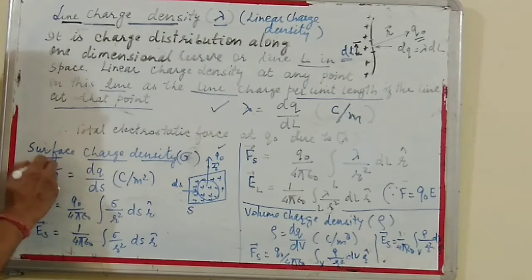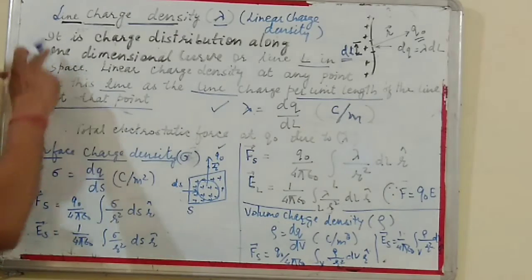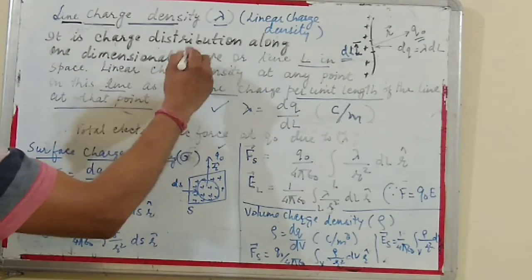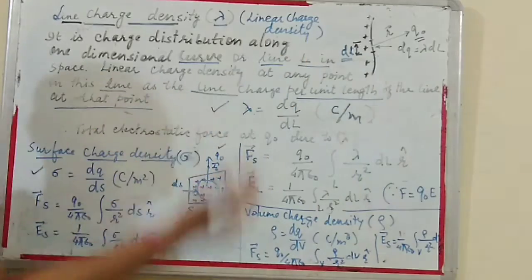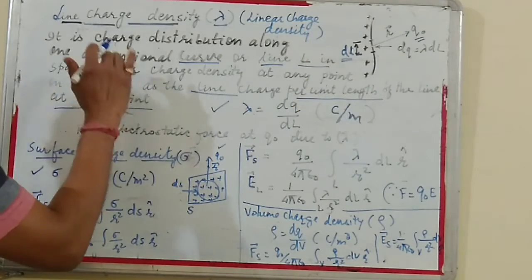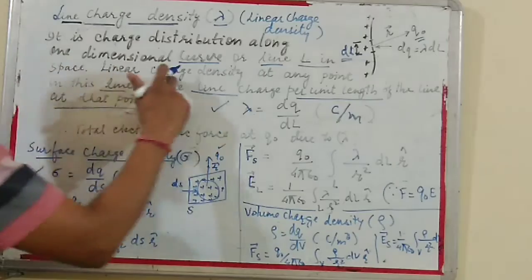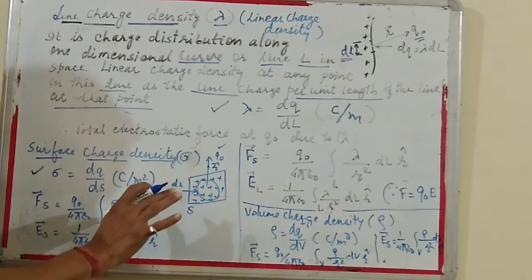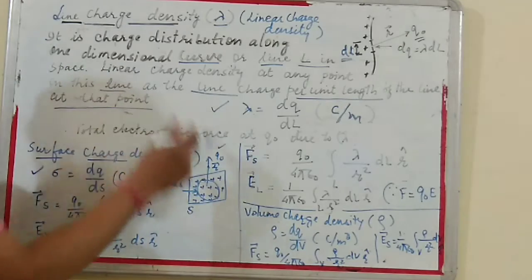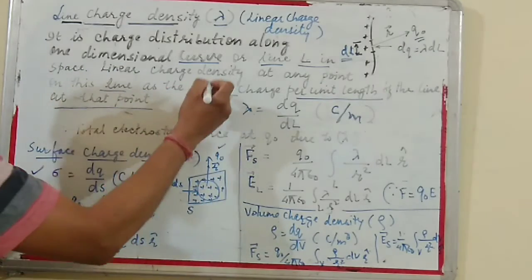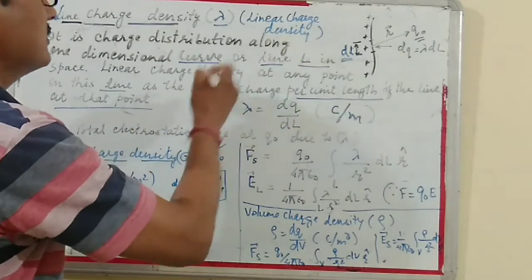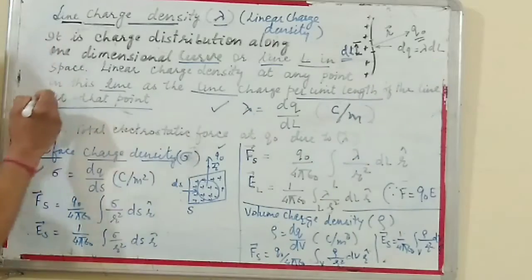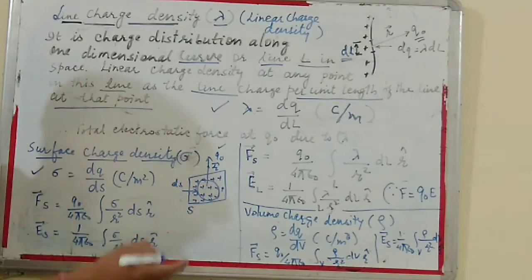Surface charge density is a charge distribution along a two-dimensional surface in space. Surface charge density at any point on this surface is the surface charge per unit area of the surface at that point.